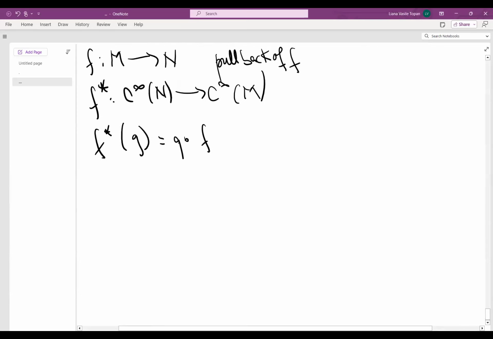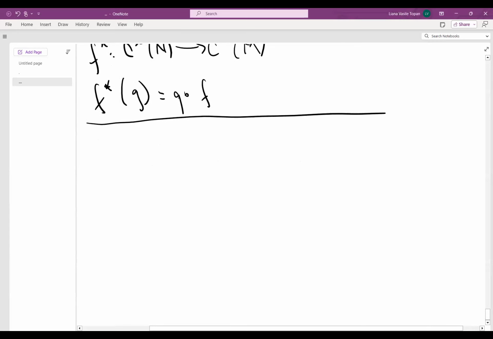All right. Once we have the tangent space at a point of a manifold, we can define the differential of a function defined between manifolds.